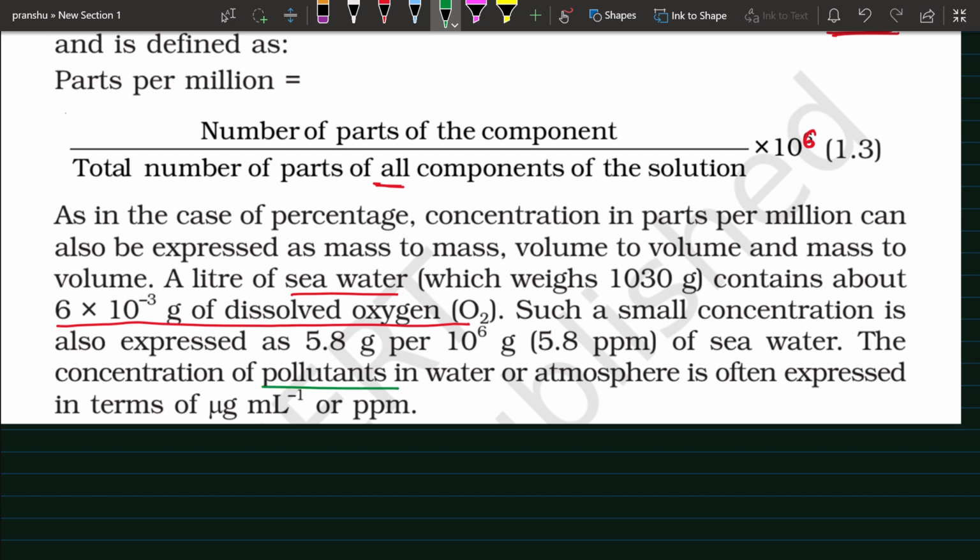So there are two ways to write it. One is 10 raised to power minus 6 gram per ml, or we can use ppm. In chemistry we will prefer the concentration term mu g divided by ml.